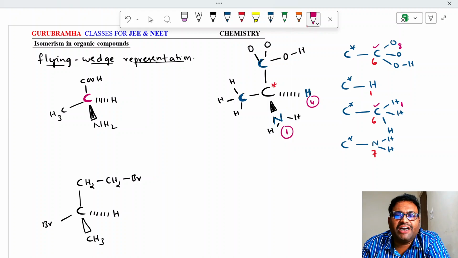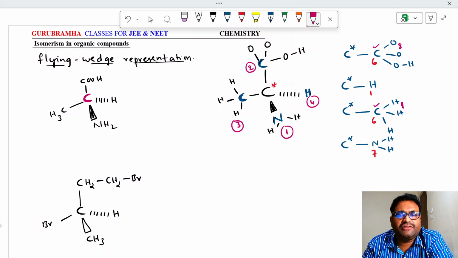If directly attached atoms are the same, then you have to move to the next atoms and follow the same rule of high priority for high atomic number. So now here you have atomic number 8 for oxygen and atomic number 1 for hydrogen. Which has more priority among COOH and CH3? COOH will have more priority, priority number 2. And automatically CH3 will have priority number 3.